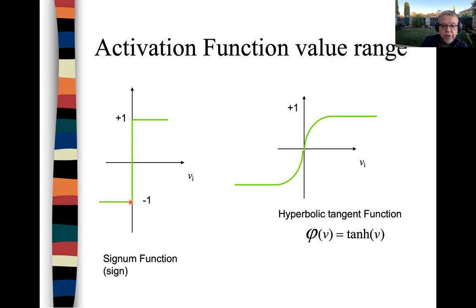If the input is less than 0, the output is -1; if it's greater than 0, it's +1. You can have a hyperbolic tangent function, and this is again differentiable, which is good, but the output, as opposed to the sigmoid, is not between 0 and 1, it's between -1 and +1.